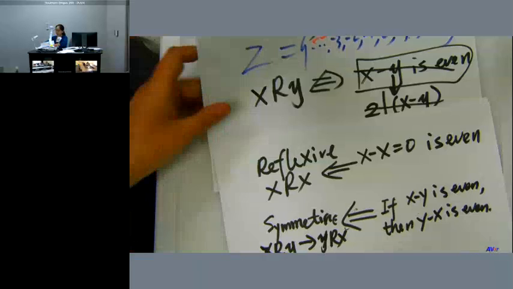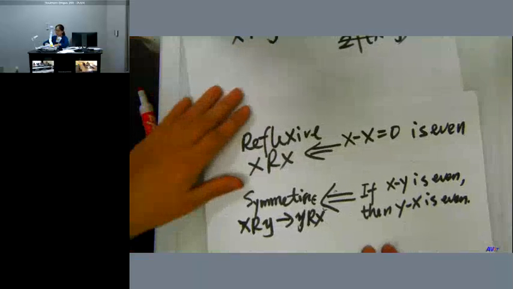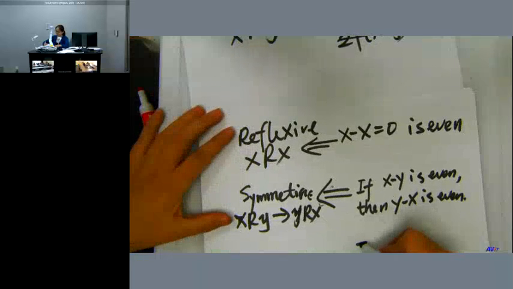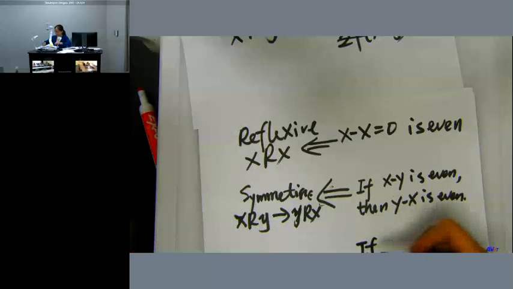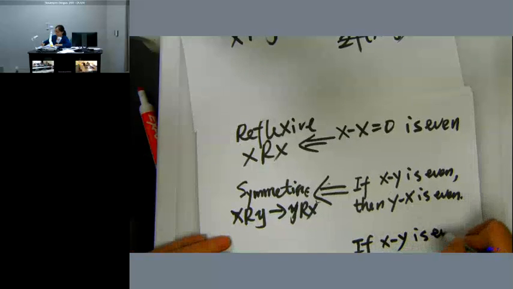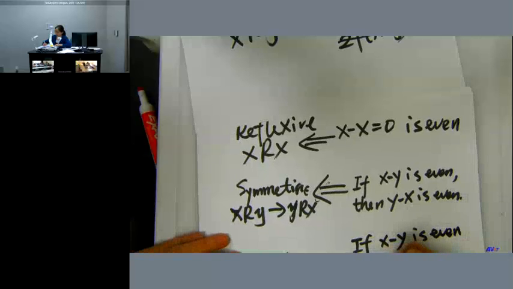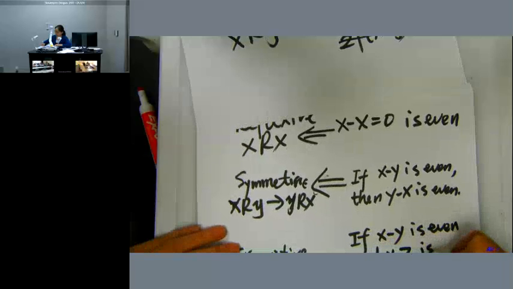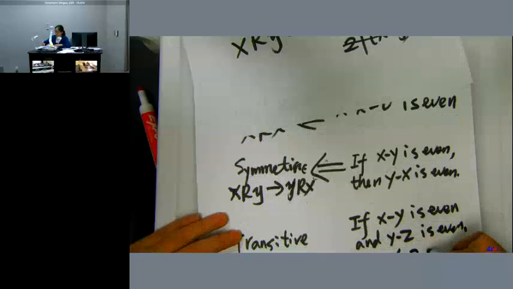And transitive, again, if you took notes last time, you don't have to copy this down because it's exactly the same thing. I did that last class, so I'm just repeating it. If x minus y is even and y minus z is even, then x minus z is even. And we also proved this.